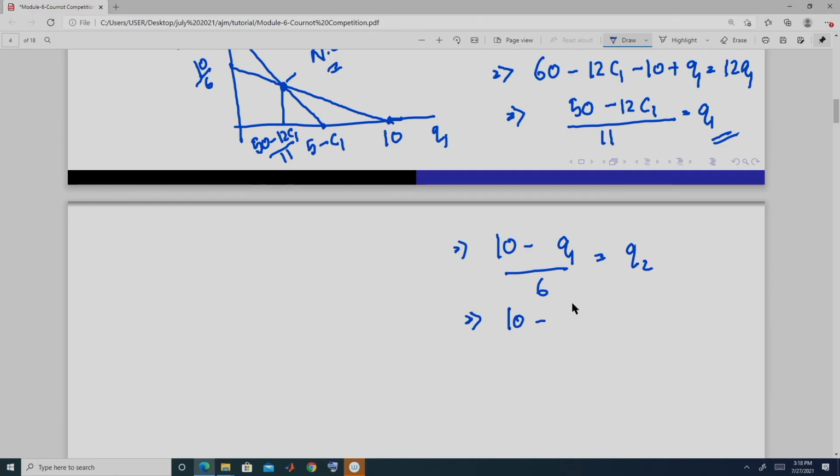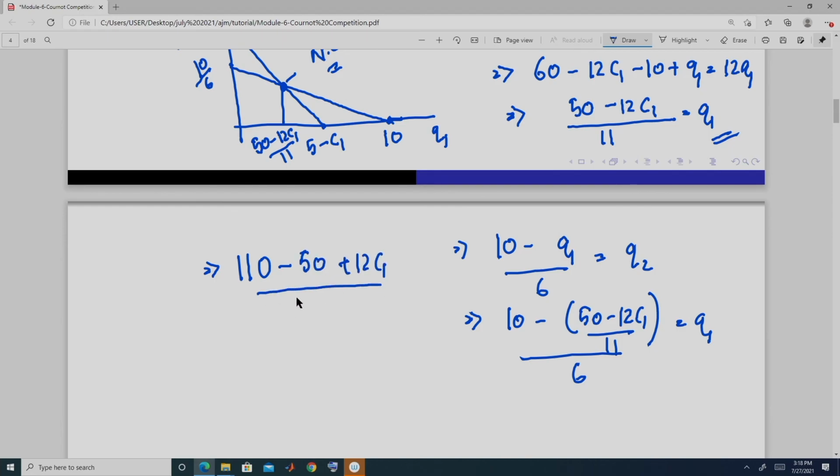So, it is 10 minus (50 minus 12C1), and we can again write this as 10 plus 2C1 divided by 11.